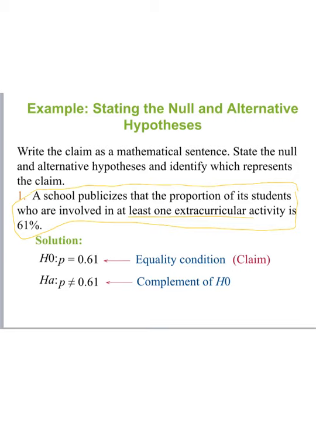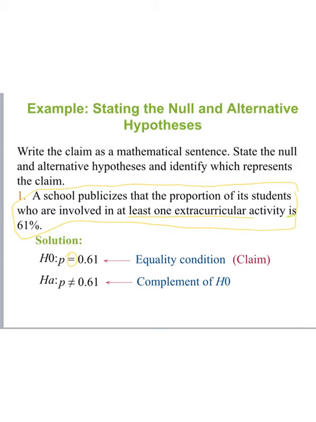Here's how we interpret that. We set up two components, null and alternative. They said in the claim that it is, so that's why you put the equal sign. So the null hypothesis: proportion is equal to 0.61. That's the word is.